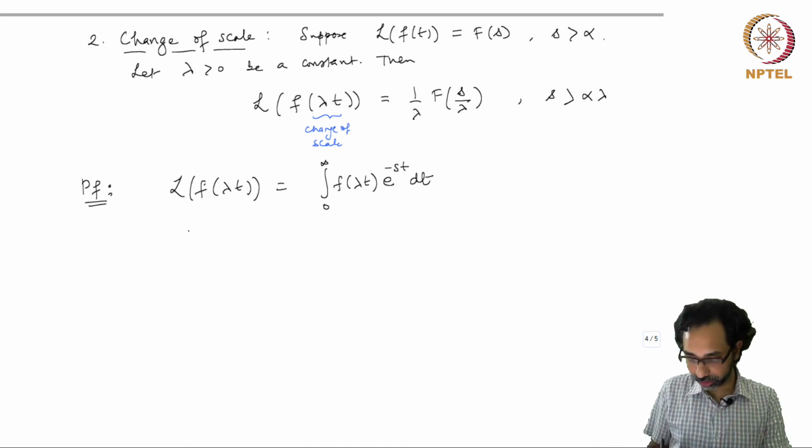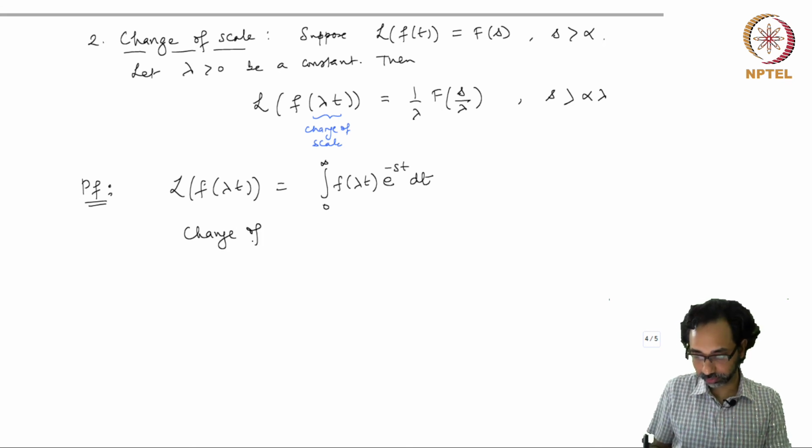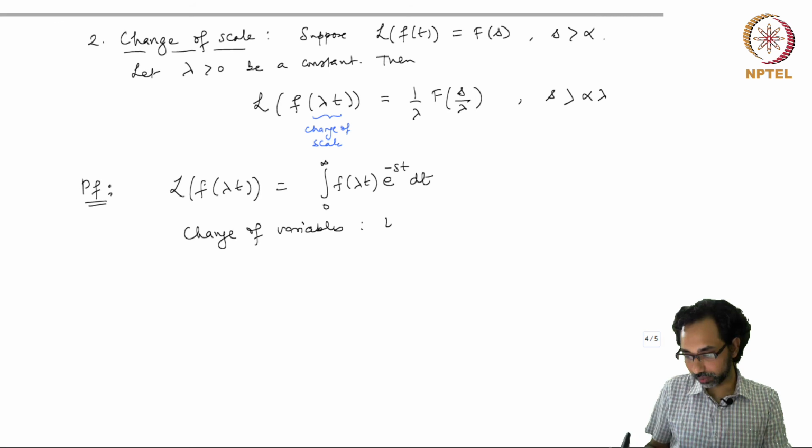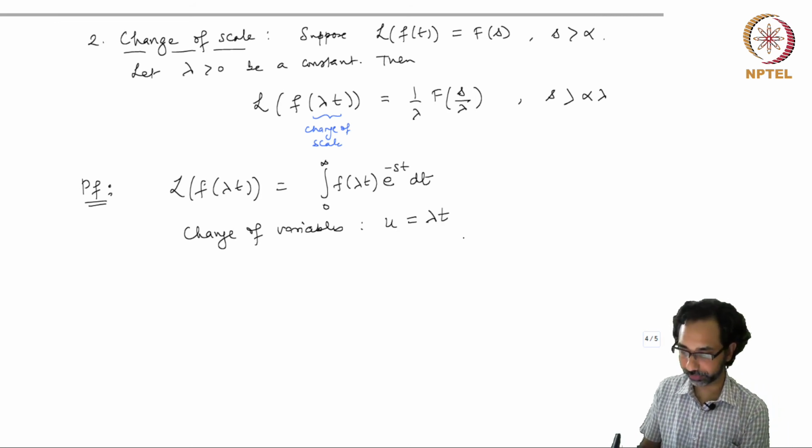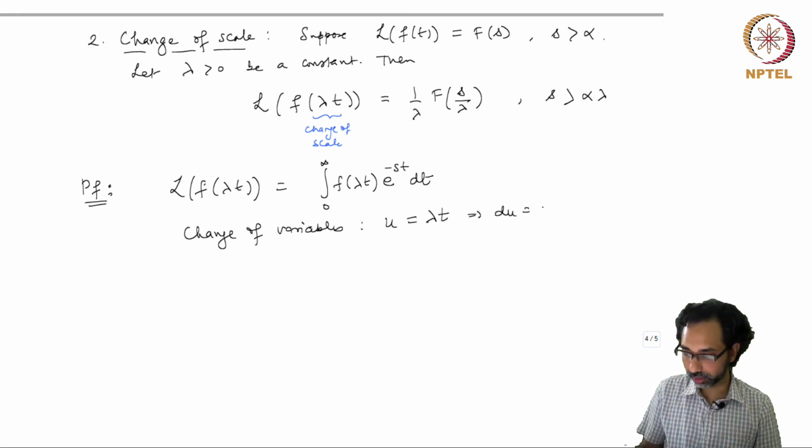Now I can make a change of variables given by u equals lambda times t. So this implies that du is lambda dt, and let's look at the limits of integration.